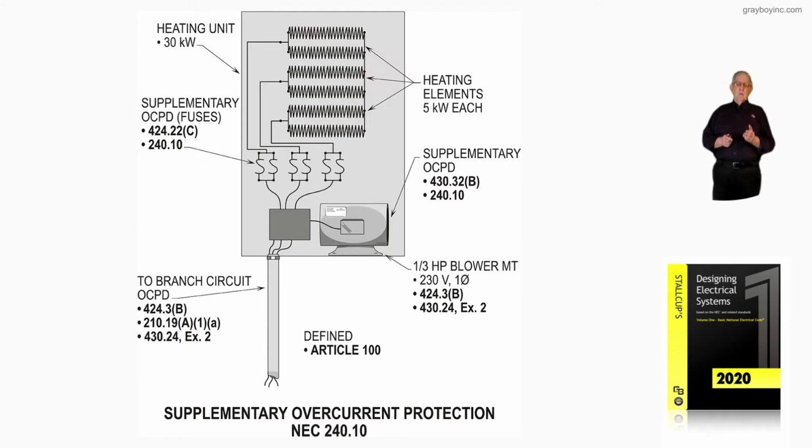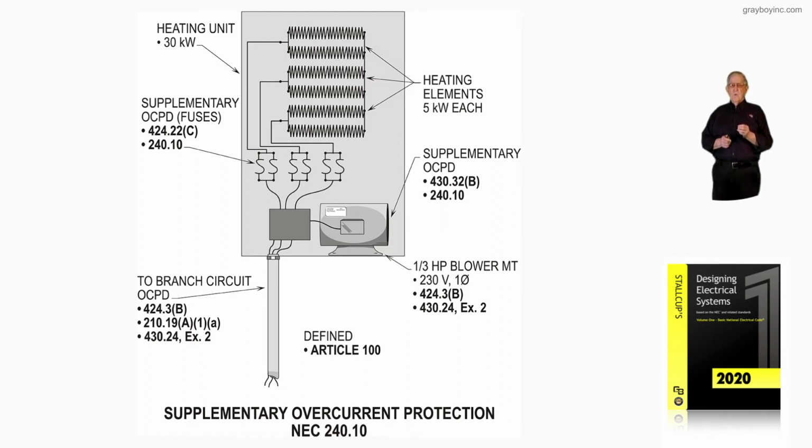The supplementary protection for the motor is in accordance with 430.32(B)(1), as well as 240.10. Then notice the supplementary fuses in 424.22(C), as well as 240.10, are supplementary protection devices that protect the elements.